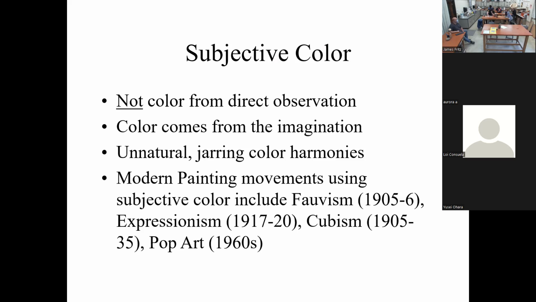Cubism did it a lot throughout the first third of the 20th century, but pop art is where we're going to go to wind up things. We're going to start with the Fauves, and we're going to wind up with pop art, looking at subjective color. Okay, and so here we go.